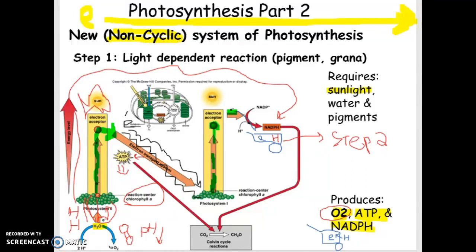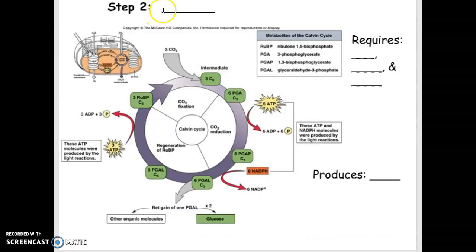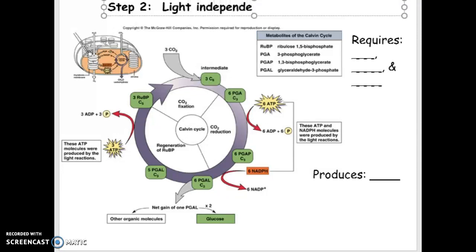All right, now step 2. It's kind of like the paddle wheel. It's a circle. It's a cycle. Step 2 is known as the light independent reaction. It does not require light for this part of the reaction to work.